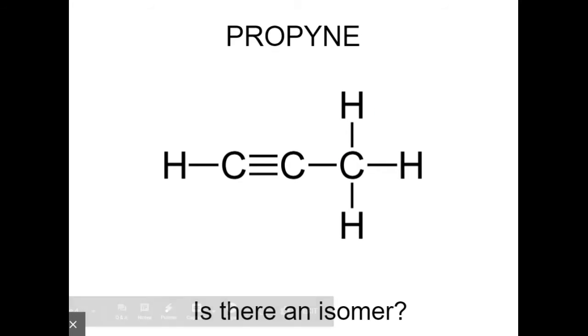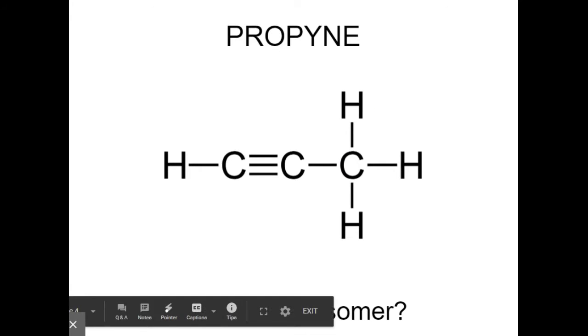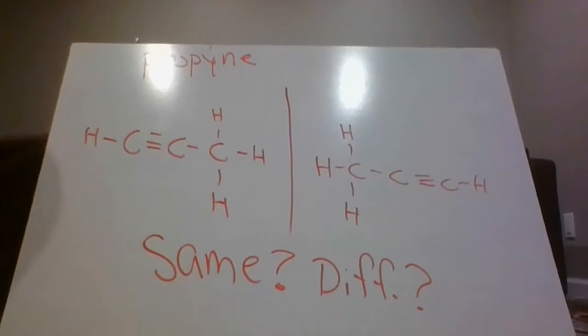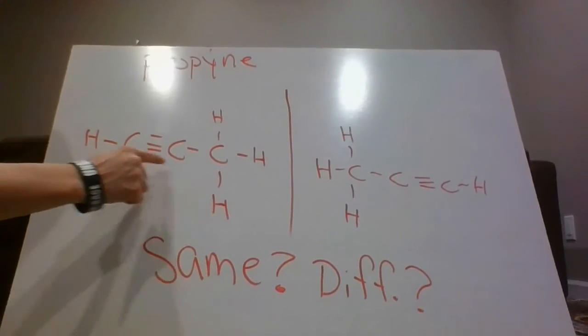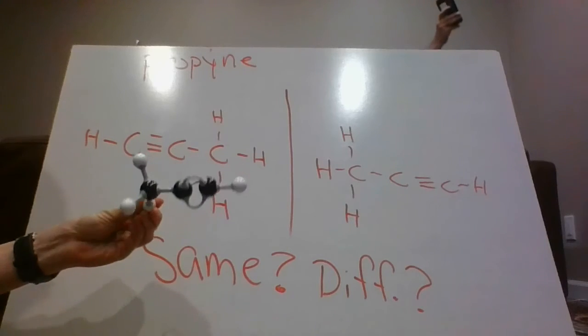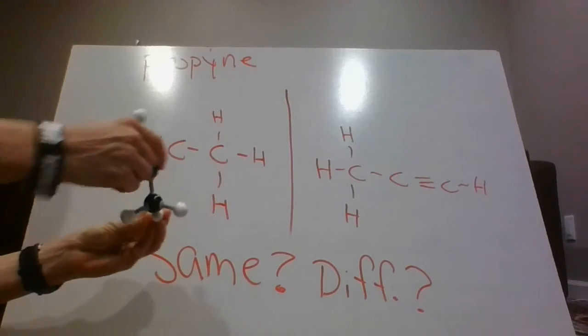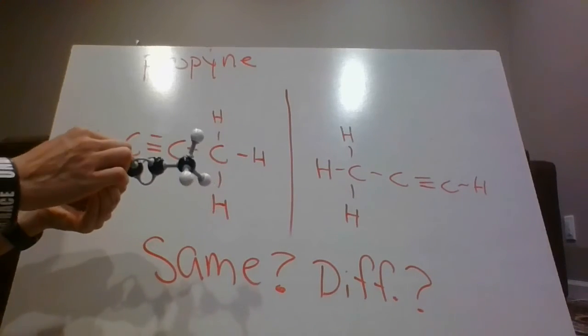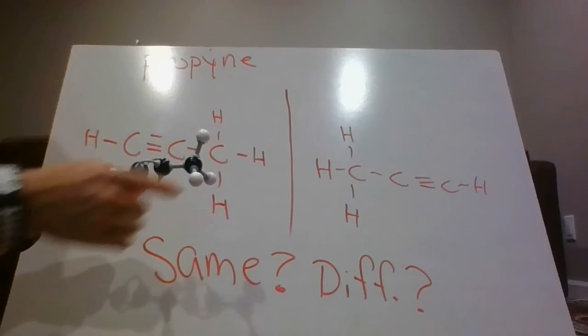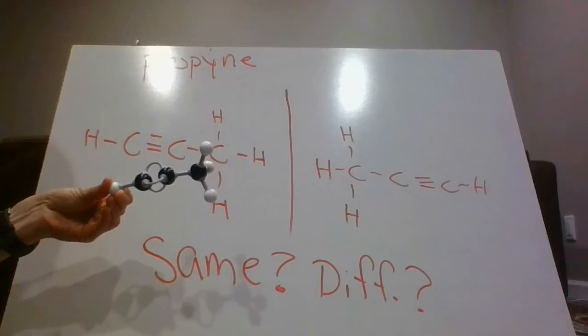Is there an isomer for propyne? When we discuss propyne and you wrote down 3 carbons with a triple bond on the first carbon, you really drew this structure: hydrogen bonded to carbon, triple bonded to another carbon, single bonded to a carbon that has 3 more hydrogens on it.